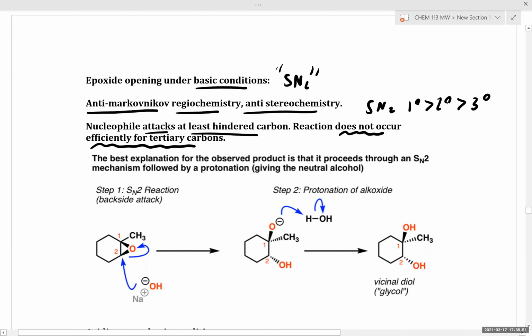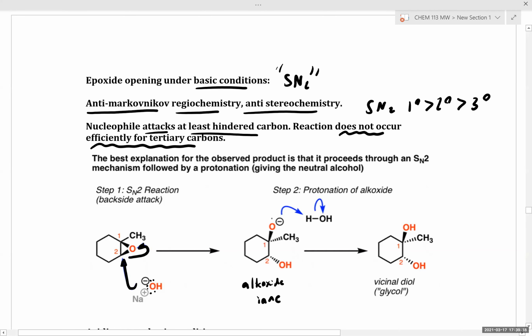So following an SN2 mechanism, our nucleophile attacks our electrophilic carbon attached to the epoxide from the opposite face to the epoxide. We open the epoxide and make an alkoxide ion. This alkoxide ion can be protonated or intercepted with an electrophile.